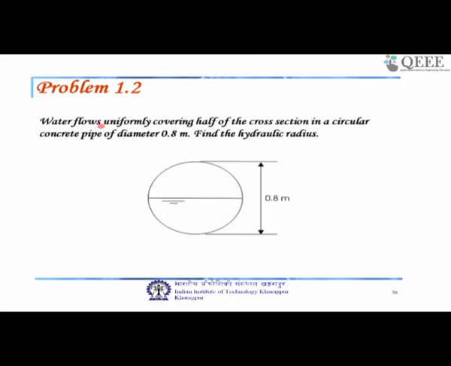Second problem: water flows uniformly covering half of the cross section in a circular concrete pipe of diameter 0.8 meter. Find the hydraulic radius. This is the total depth or total diameter of the circular section, and this is the depth of flow, which is just half.